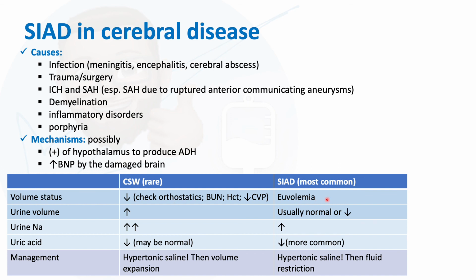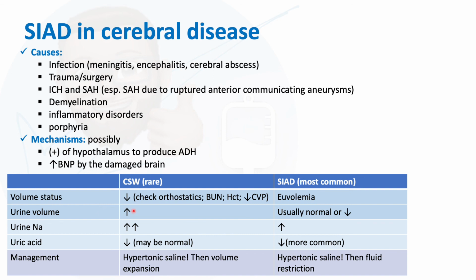But people always try to compare the two, and try to make the distinction, and you should be able to think about both. There are some similarities and some differences between the two, especially in the volume status. In cerebral salt wasting, because of loss of salt and volume, the patient might be hypovolemic, compared to SIADH, where the patient is euvolemic or again mildly hypervolemic.